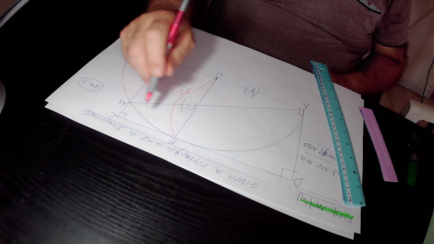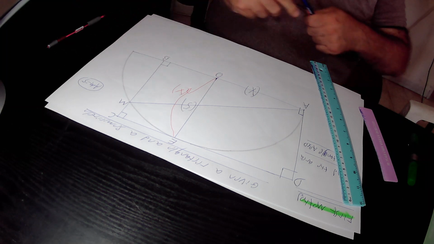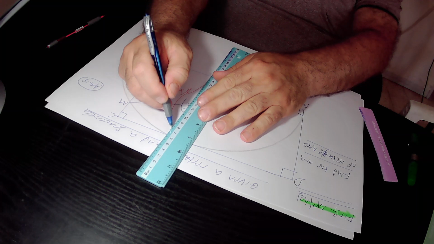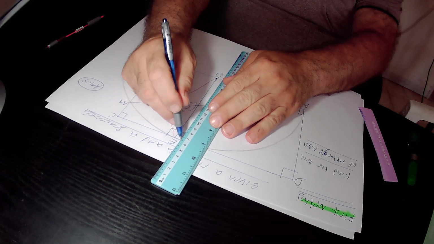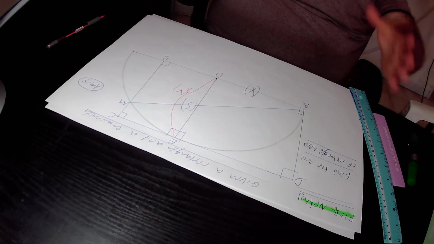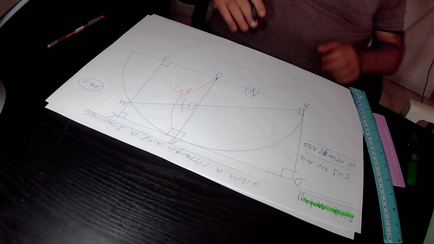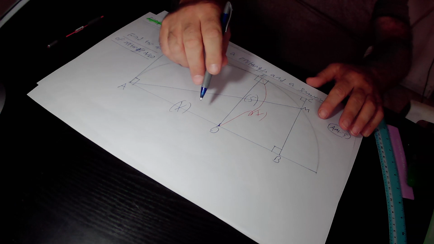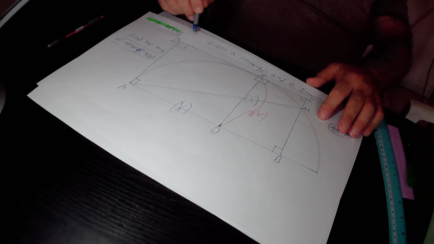If DC is perpendicular to EO, it means that this angle equals 90 degrees, and this angle also equals 90 degrees, according to rule 1. By doing this construction, we created here quadrilateral DEOA. Inside this quadrilateral DEOA, we have 1, 2, 3 right angles.